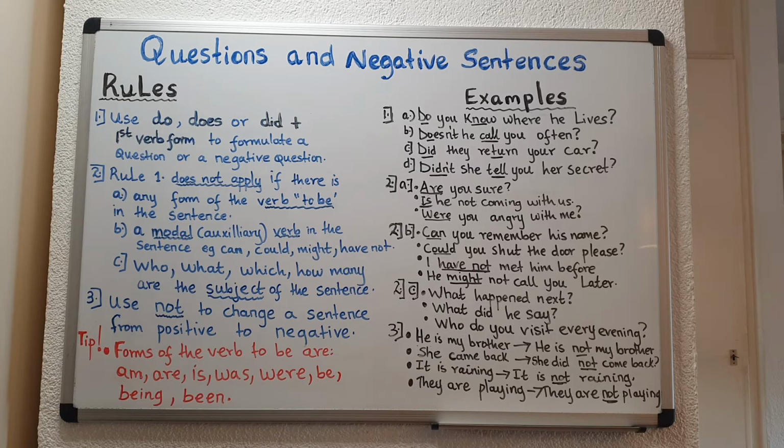Doesn't he call you often? But it is also correct to say, does he not call you often? Now, in that sentence, once more, you have does plus call. Call is the original form of the verb, just as know in the first example.